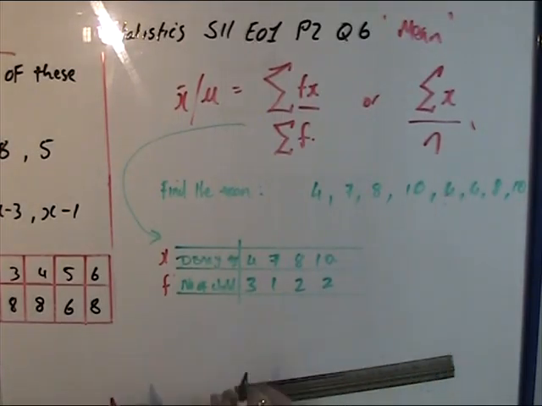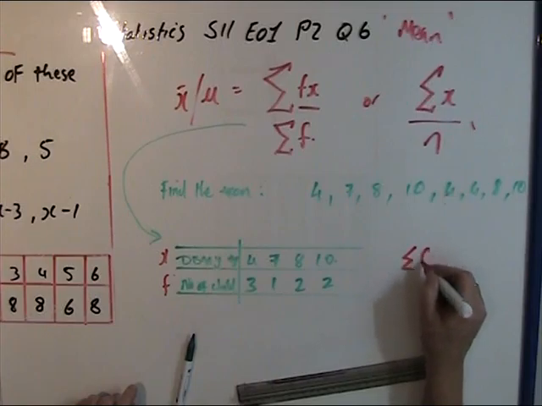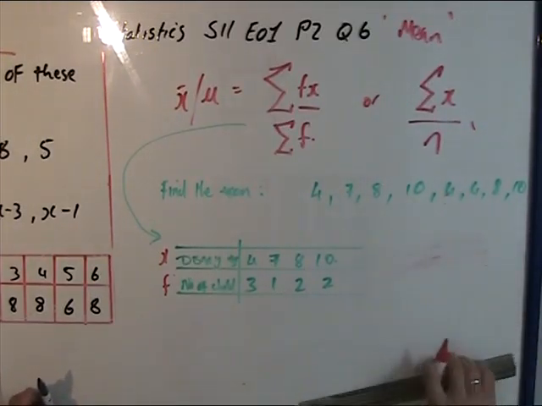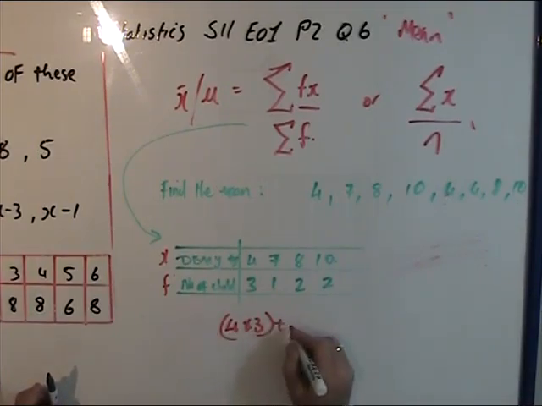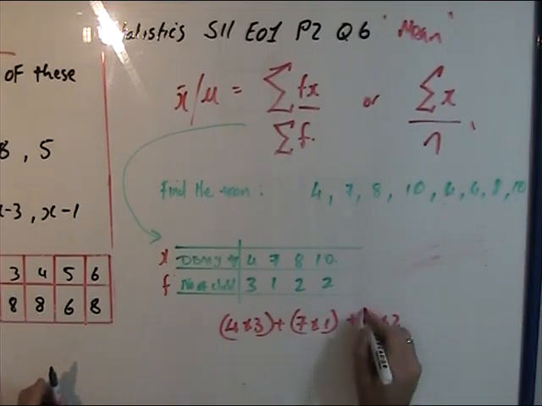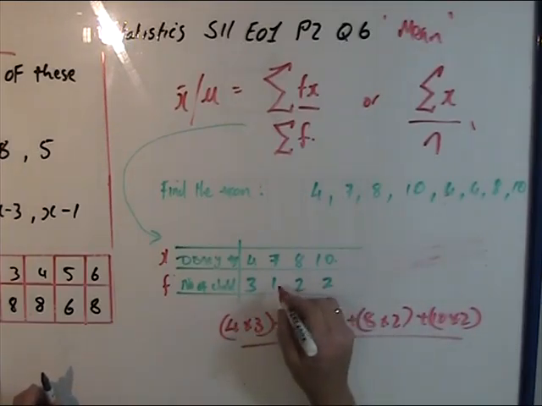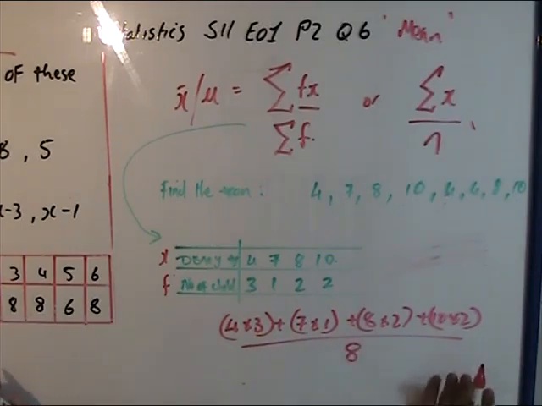So the sum of fx is equal to 4 by 3 plus 7 by 1 plus 8 by 2 plus 10 by 2, all over the sum of the frequencies, which is 8. That's how you calculate your mean.